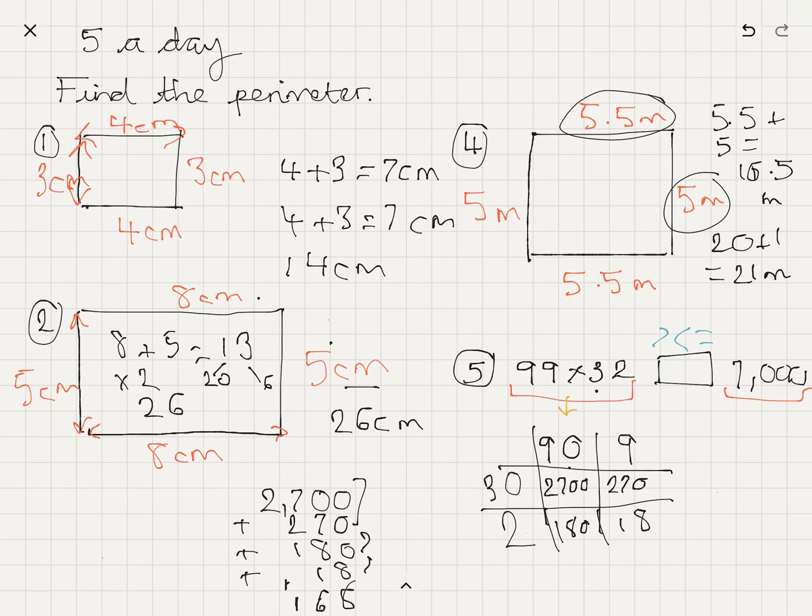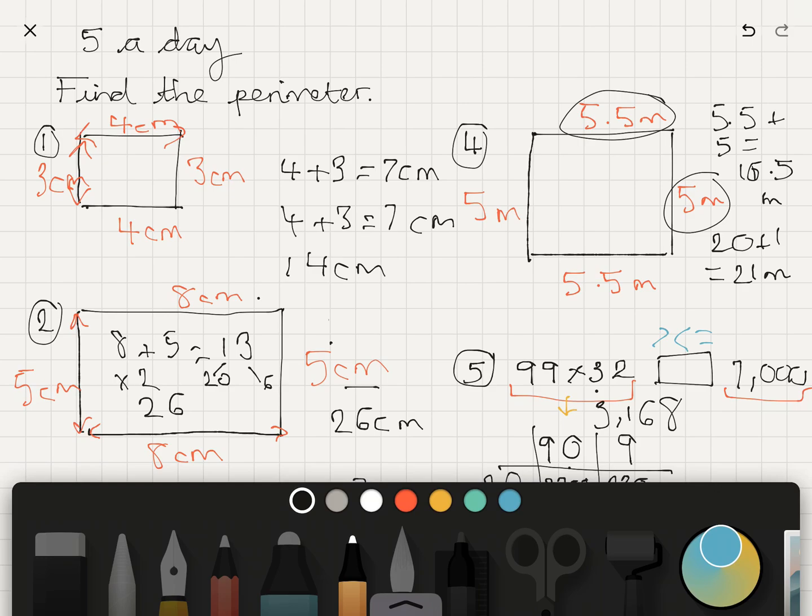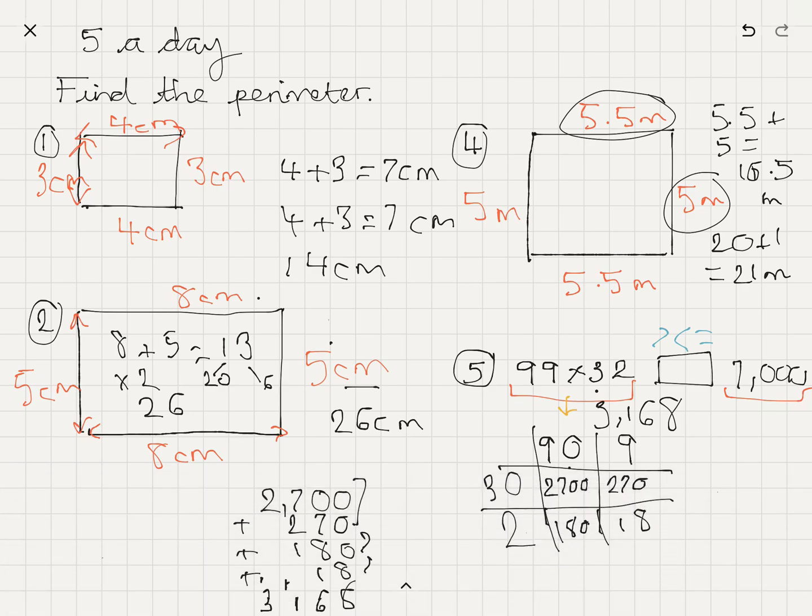So we're going to put our 1 there and carry our 1 up here. And then 2 add 1 is 3. So our answer is 3,168. Okay, so which number is biggest? Is it 3,168 or 7,000? It's 7,000, so it should be facing that way.